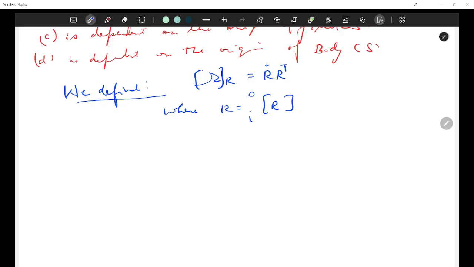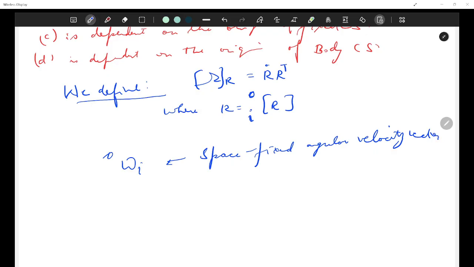R maps body frame I to fixed frame 0. Now the angular velocity vector extracted from its skew matrix is omega I 0. This is the space fixed angular velocity vector. It describes how the rigid body rotates in space.